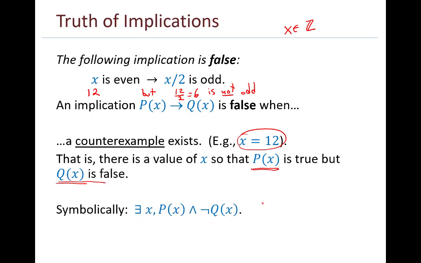Symbolically, this is how we would show the existence of a counterexample: there exists an x such that p of x and not q of x. This is the situation when the implication p of x implies q of x is false.